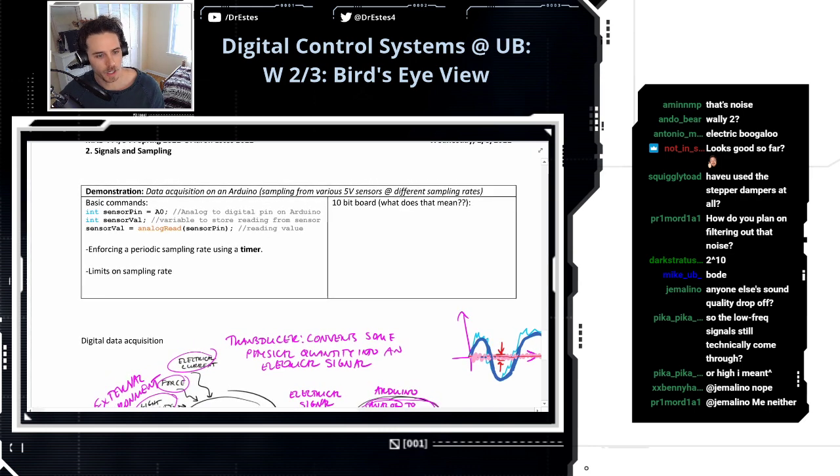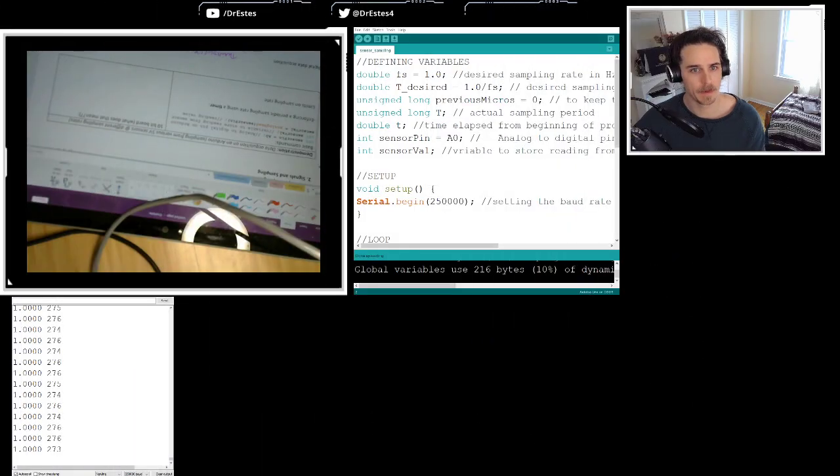Okay, let's come back over here. Maybe we'll go to the code really quick. All right, here I'm defining my desired sampling rate. Okay, 1 hertz.